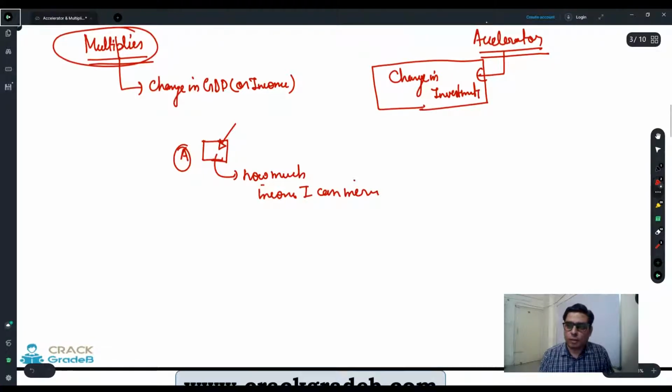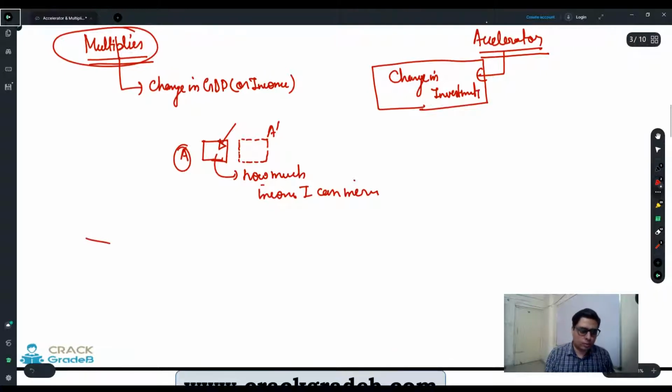But if we are focused on the accelerator, then I'm not just focused on how much income I can increase. I am trying to have one more unit of production. So my focus is to increase A plus A dash. So I want to go for more investments. I hope this is clear.